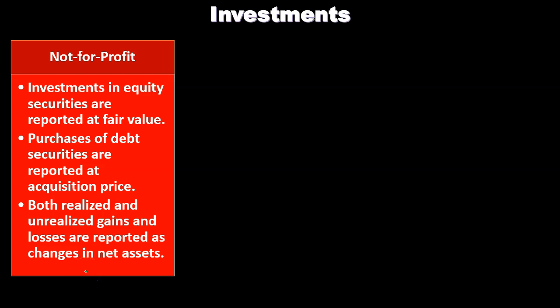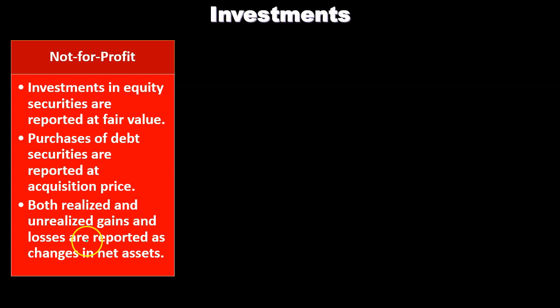So that means that we're going to be adjusting to the fair value periodically. We'll make the adjustment to the fair value, which will result in an unrealized gain or loss, and then that's going to be reported as changes in net assets. Now, obviously, if something is realized, then you would think that we would make a sale in a similar fashion as if we sold equipment or something like that, because we realized the gain or loss.